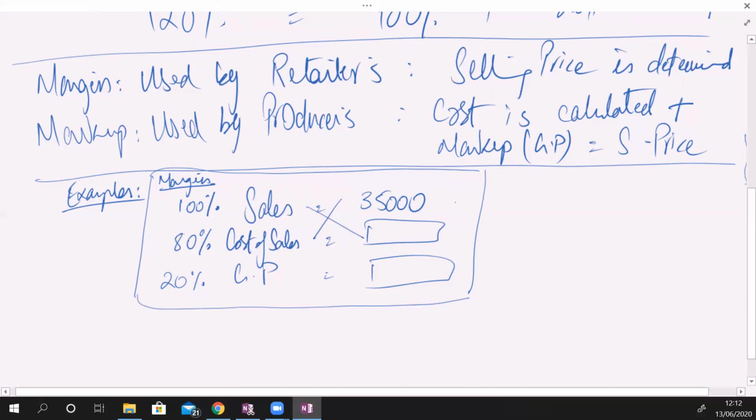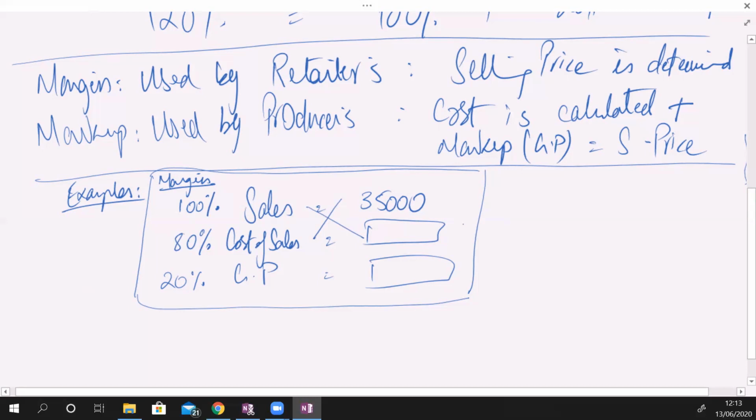Sir, so you can take this as x, the unknown, and then you can multiply it with 100%. So it'll be like 100x. It'll come on this side, and then you can multiply 35,000 with 80%, and it'll go on that side. And then you have to make x the subject and leave it alone, and then you'll find the answer. It's easy.